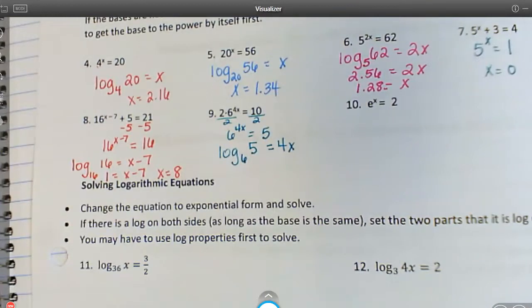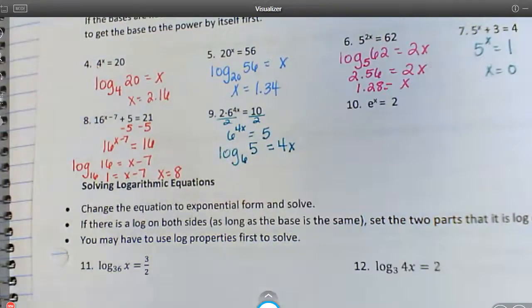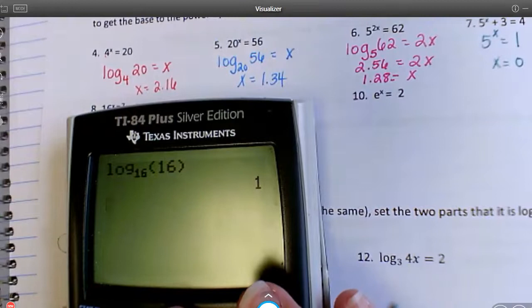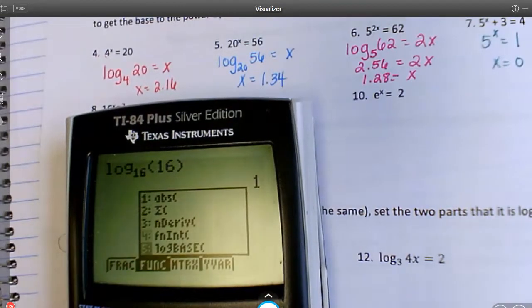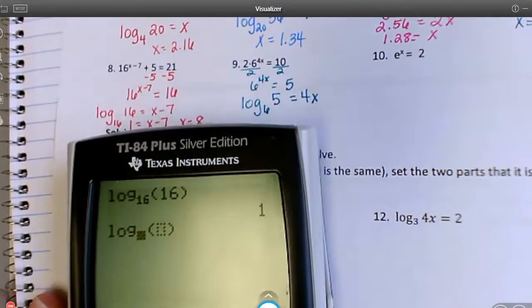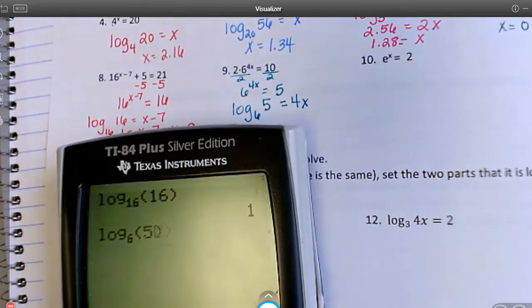Alright, after that, that's where we figure out what log base 6 of 5 is, and then worry about that 4x. So alpha, window, log base. Okay, we said it was log base 6 of 5.